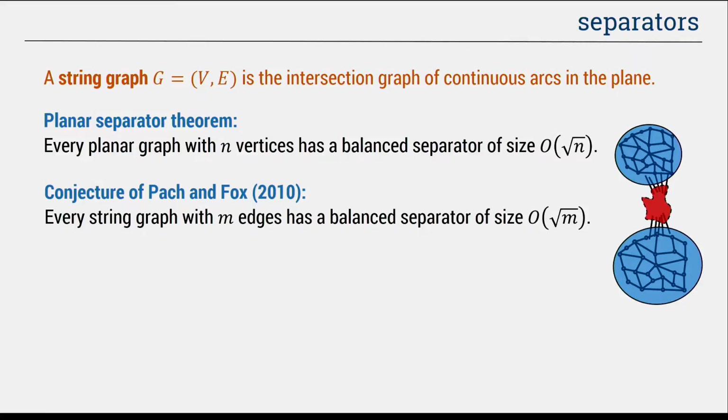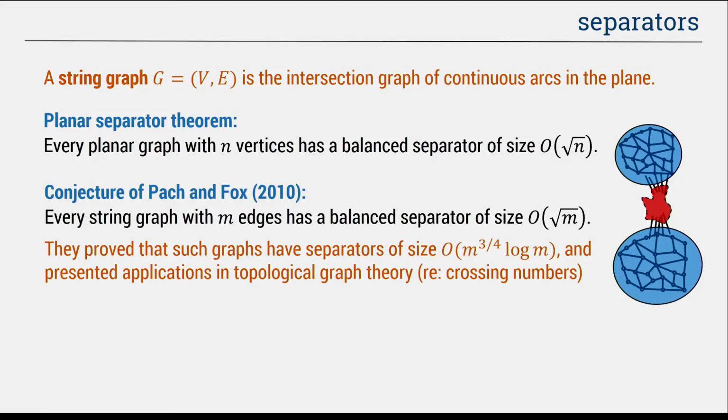Okay? So at least for planar graphs, this is the Lipton-Tarjan separator theorem, and for complete graphs, this is just the trivial fact that there's a linear size separator, but at most a quadratic number of edges. But those are two very different reasons to have a separator of size square root of m. And the conjecture is that such a separator always exists.